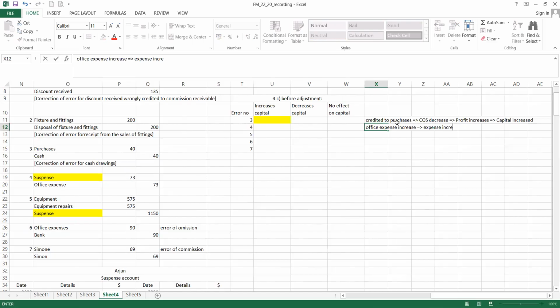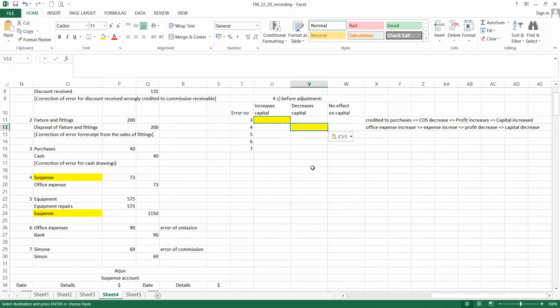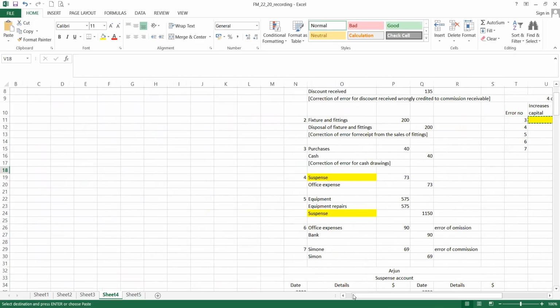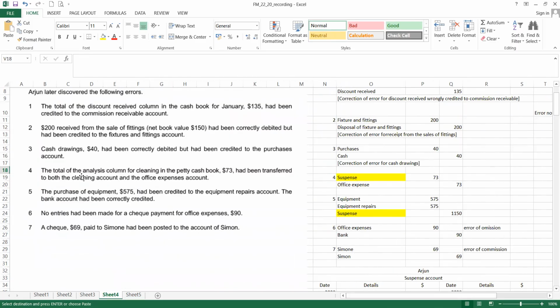Expenses increase. Profit decrease. So profit decrease, capital decrease. So our capital decrease.